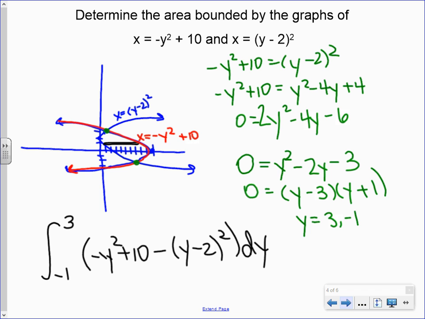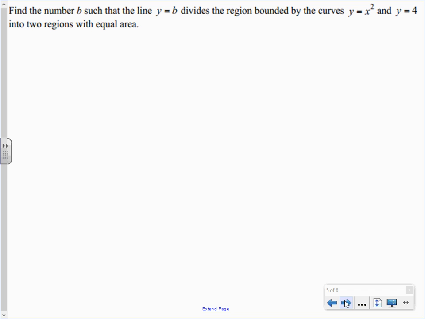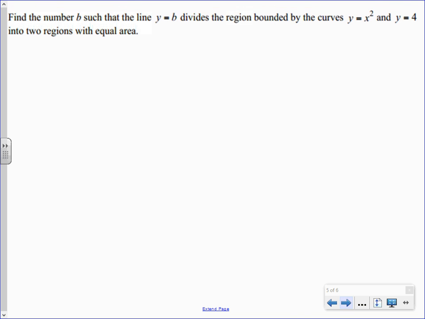Okay, I'll read this to you. Find the number b such that the line y equals b divides the region bounded by the curves y equals x squared and y equals 4 into two regions with equal area.